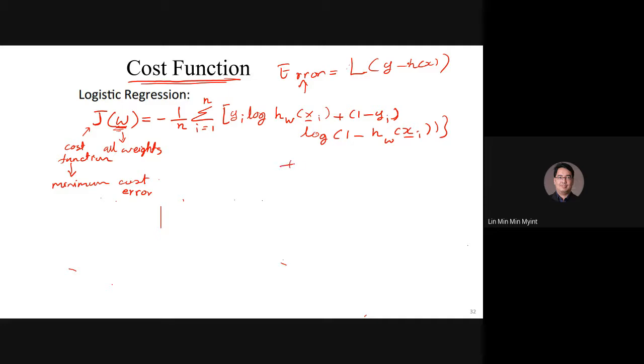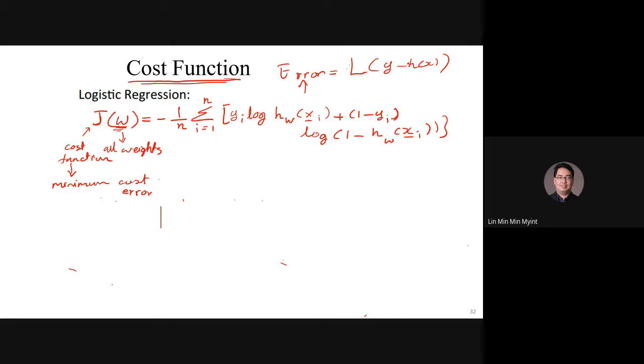Actually in here we also have the regularization term, but for today let me skip that one. I will not consider it. So normally for logistic regression, for the cost function we use this one.